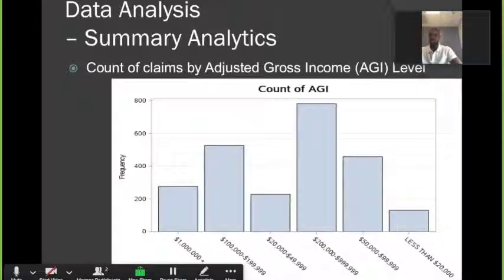As we can see, the $200,000 to $999,999, so roughly $1 million, adjusted gross income group had the highest amount of claims. And we can see that the individuals or businesses that have an adjusted gross income of less than $20,000 had some of the lowest amount of claims applied for over the course of the 6 year span.